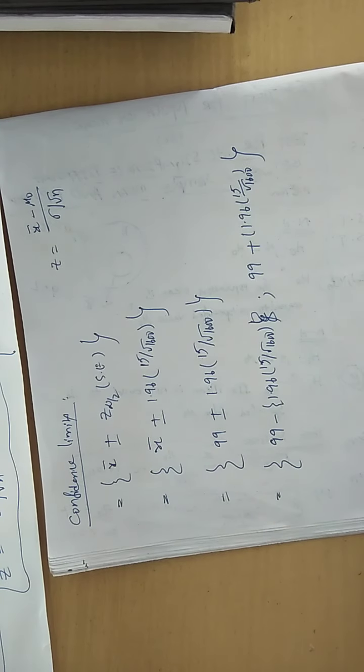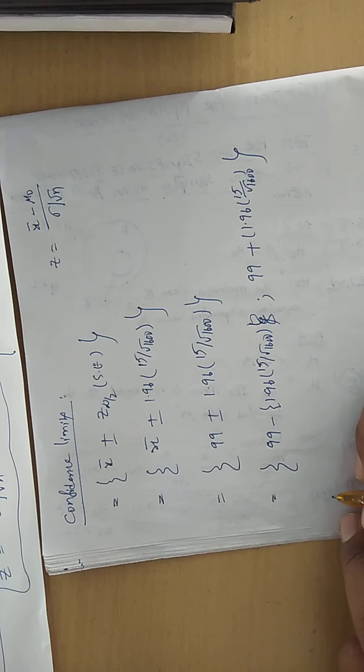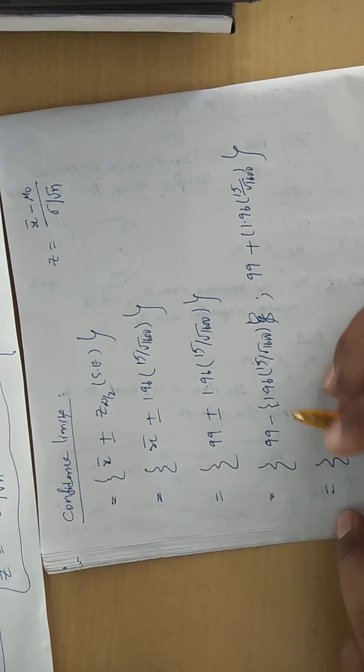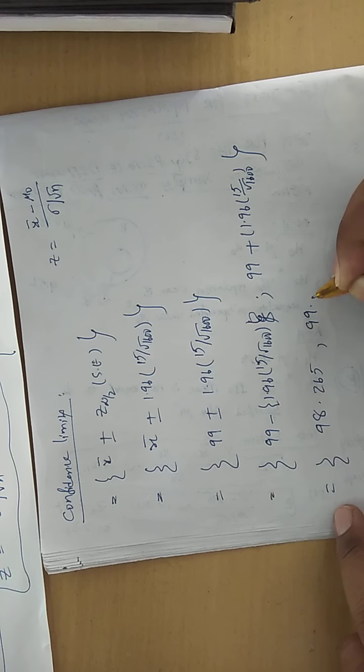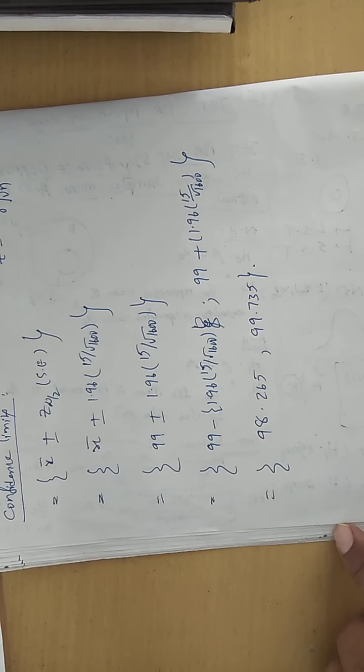So these are the limits. After simplification, the first value, the lower limit, is 98.265. The second value you are going to get is 99.735, something like that. A little bit of variation would be there because these are decimal values.